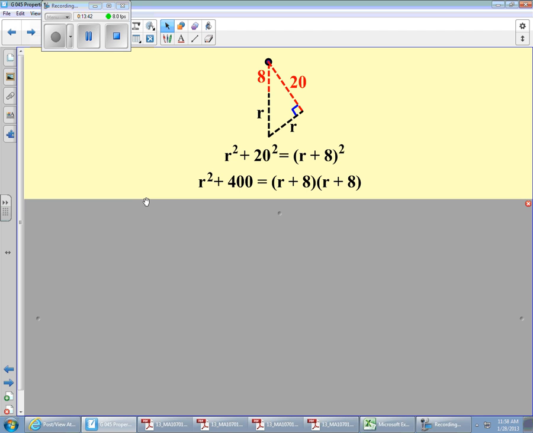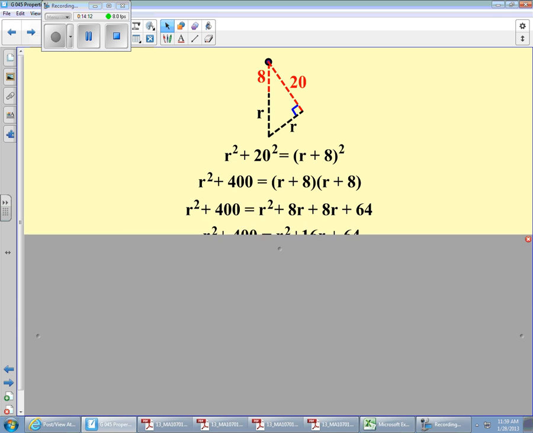So here you go. This little r right here is going to multiply not just by the r, but also by the 8. What's r times r? R squared. And r times 8? 8r. Okay, good. Now, since this left-hand r has gotten multiplied by everything on the right, we're going to scooch over and we'll multiply this 8 by everything on the right. 8 times r, another 8r, and 8 times 8, 64.